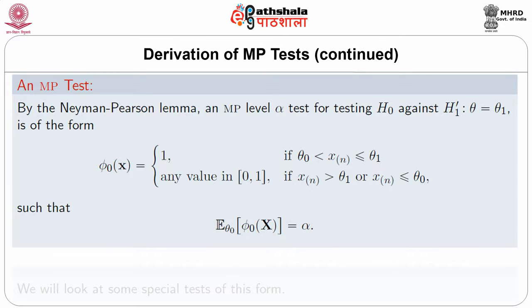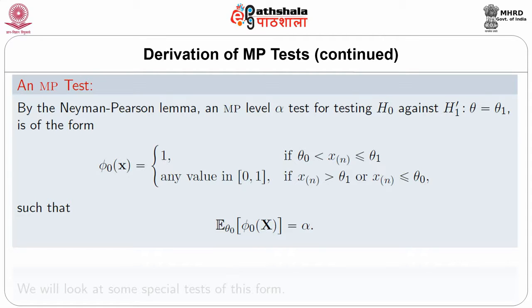So, phi naught x, the probability of rejection, is 1 here, and if x order n is greater than theta 1 or x order n is less than or equal to theta naught, p theta 1 and k p theta naught are the same.